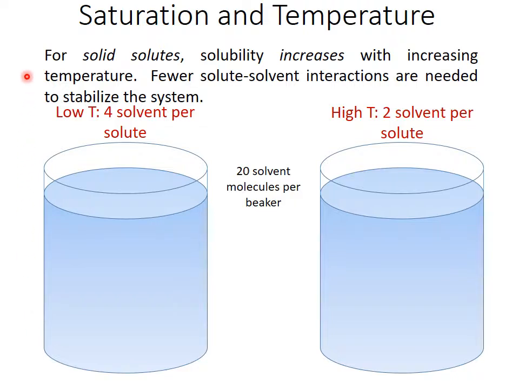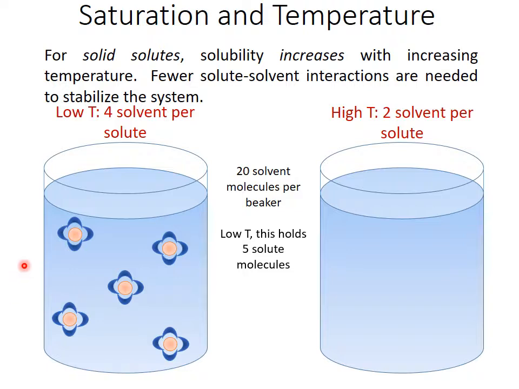For solid solutes, solubility increases with increasing temperature. This is because fewer solute-solvent interactions are needed to stabilize the system. Let's consider two beakers. Both beakers will have 20 solvent molecules each. At a low temperature, saturation is 4 solvent molecules per solute, but at high temperature, it's only 2 solvent molecules per solute. Let's add some solute to these systems.